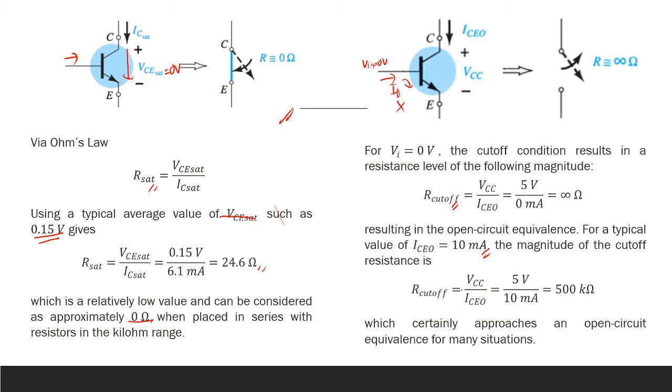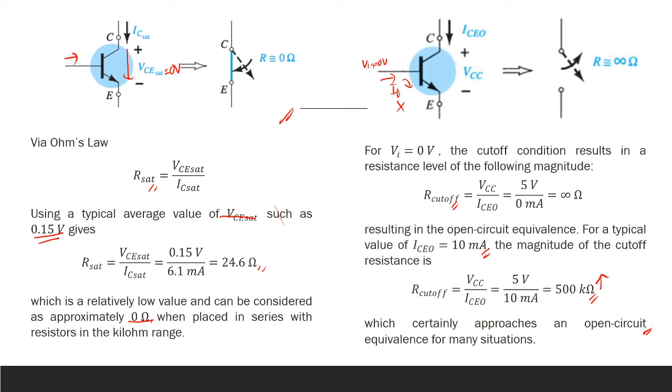Yung resistance at this junction, C to E junction natin, at cut-off, that is 5 volts over 10 milliamperes. And that is equal to 500 kilo ohms. So, ito naman, mataas naman na yung value niyan. And yung ganyang value is, pwede na siyang i-consider for many situations as an open circuit equivalent.